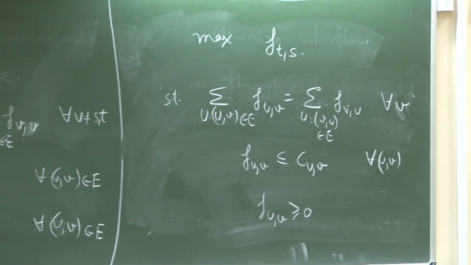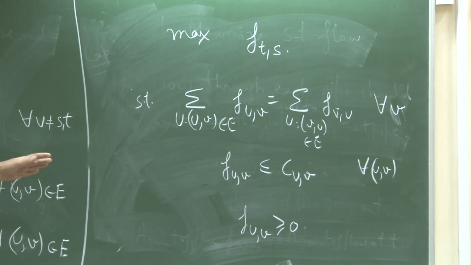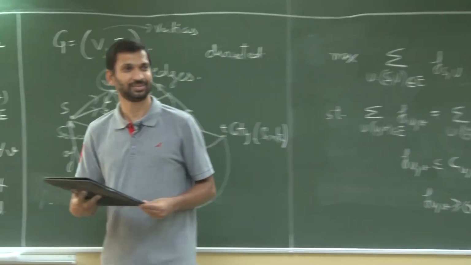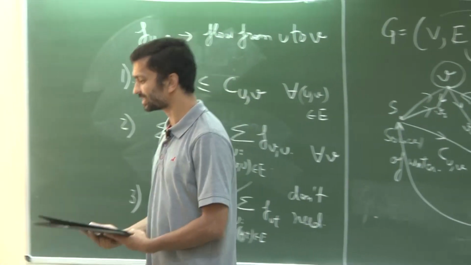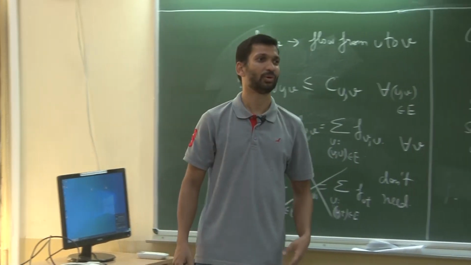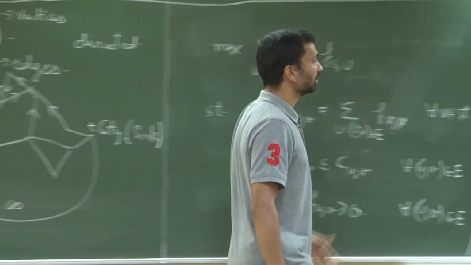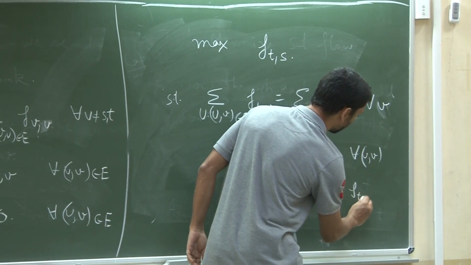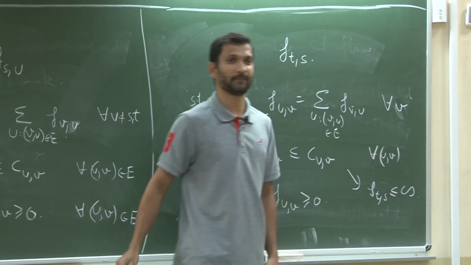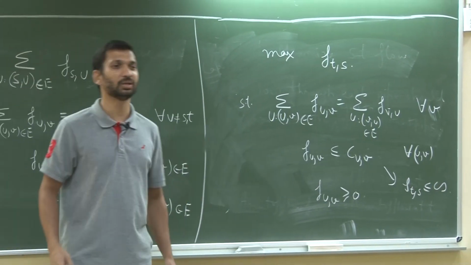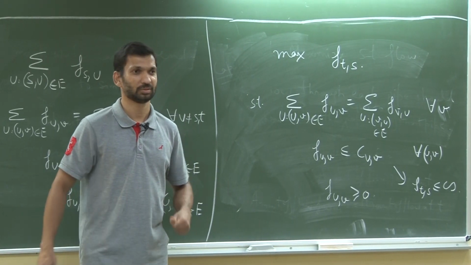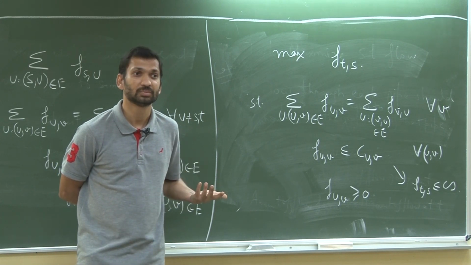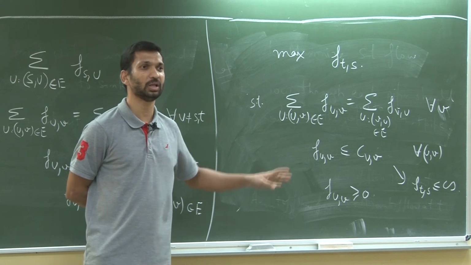Okay, sounds good. Do you agree that these are equivalent programs? I see that there is some slight unease, right? Because yes, they are equivalent programs, but then you are going to have a constraint here which says f_TS is at most infinity. Is this allowed in linear programming? Are you happy with it? Can I leave it? Can I put it in linear programming solvers?